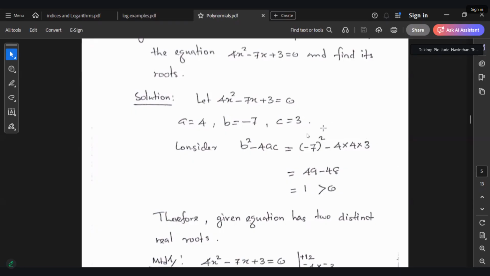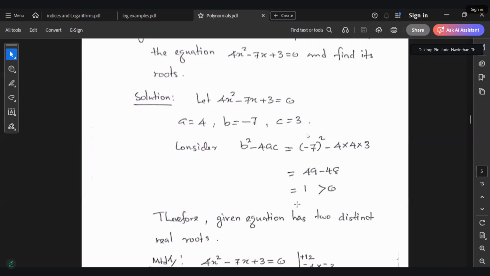Minus 7 whole square, minus 7 into minus 7, minus into minus is plus, 7 into 7, 49. Minus 4 into 4 is 16, 16 into 3 is 48. 49 minus 48, therefore 1. 1 is always greater than 0.